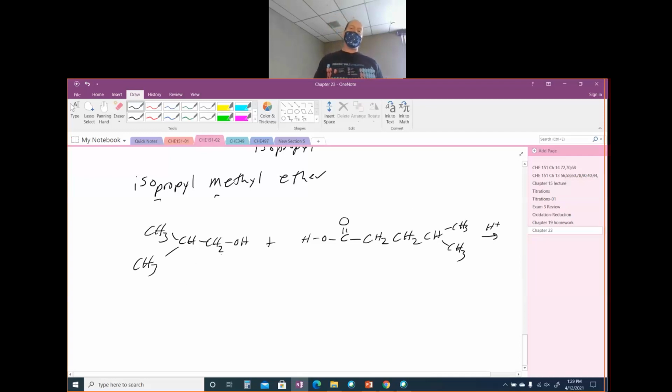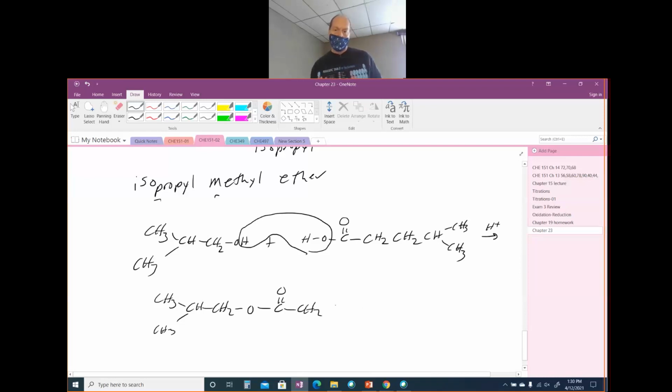All right, you would have to recognize this as a carboxylic acid with your alcohol, and you would have to know that this is going to take the OH from your carboxylic acid and your H from your alcohol, and it's going to then bring those things together. And then you will have to name, plus water, you'll have to name the organic compound.